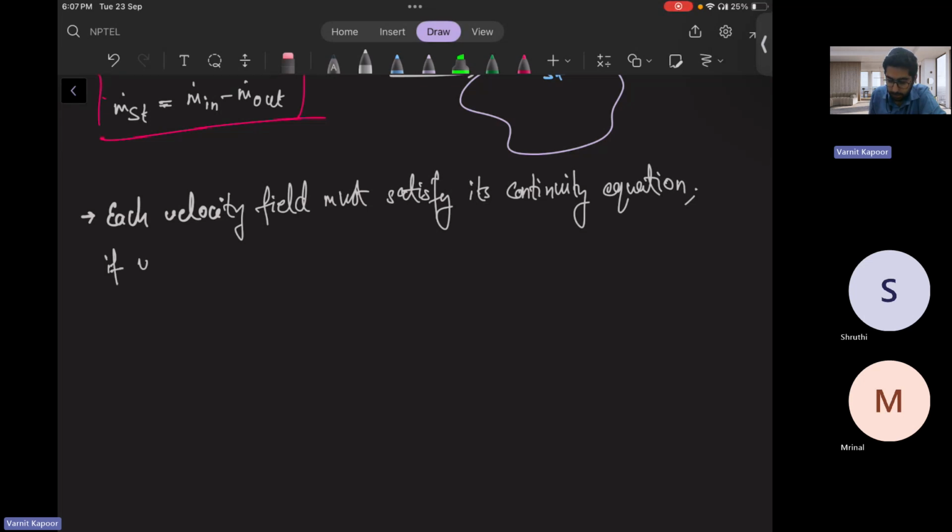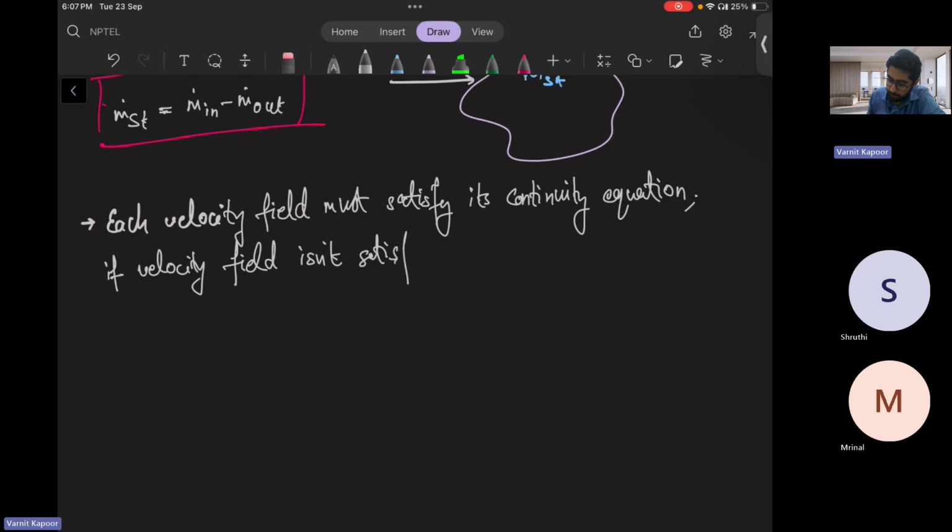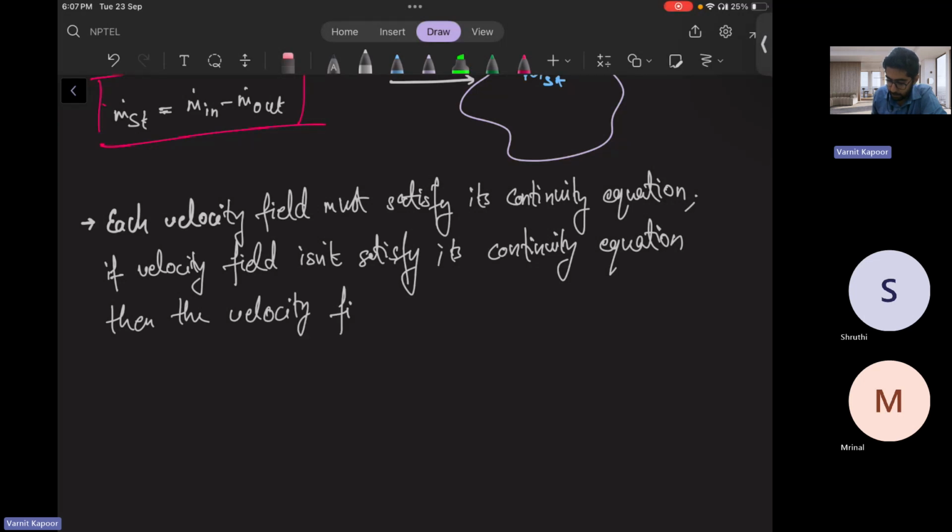If the velocity field doesn't satisfy its continuity equation, then the velocity field is not valid for the flow, or you can say that that flow is not possible.